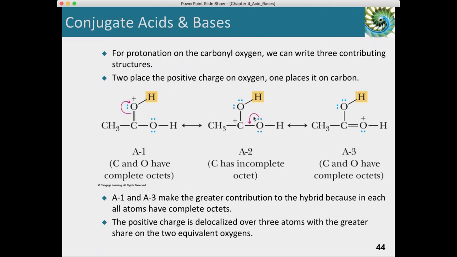So this is a resonance structure, and then we can flow these electrons over here to get to this resonance structure. Okay, so now protonation to the carbonyl oxygen leads to a cation that can be stabilized by resonance, and in fact the positive charge now is shared between the oxygen, the carbon, and the second oxygen. Obviously the structures 1 and 3 contribute the most because they have a full octet.